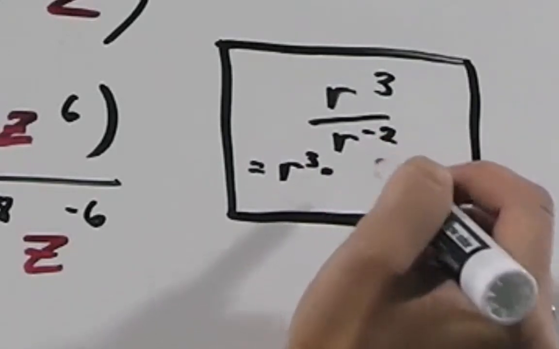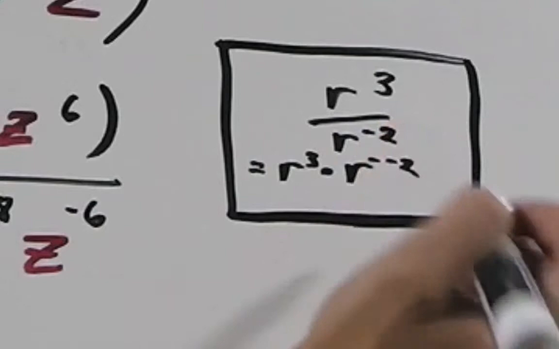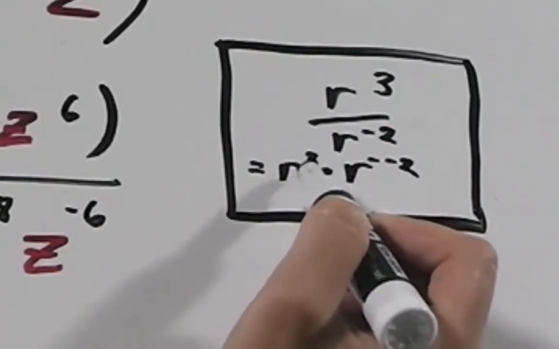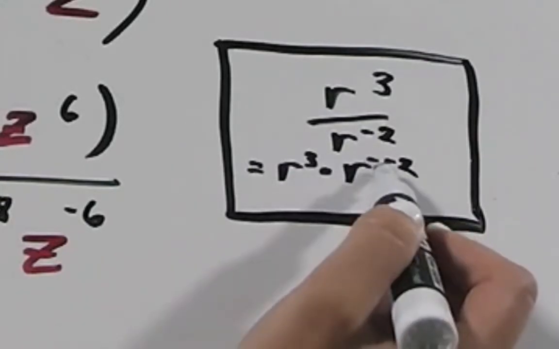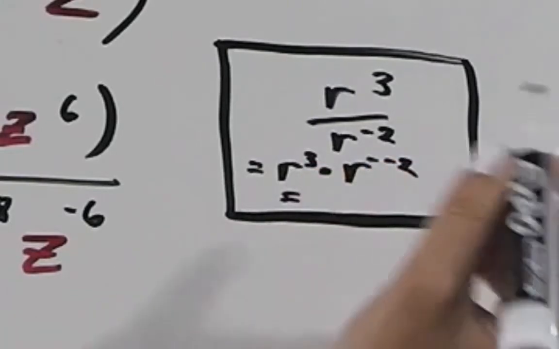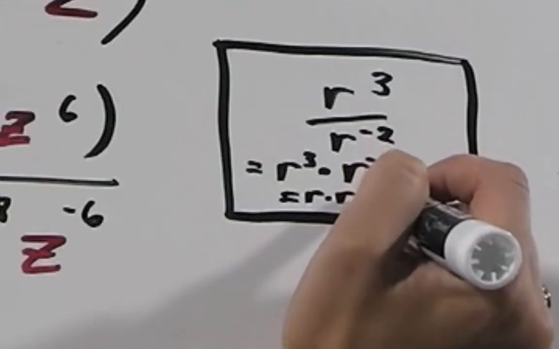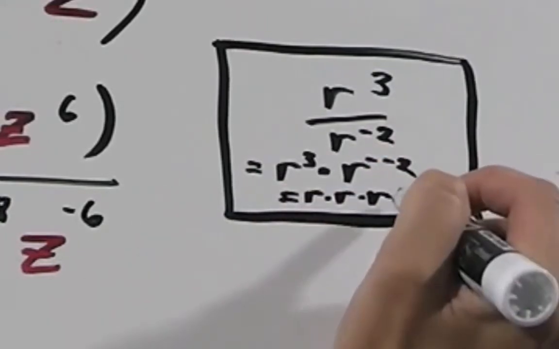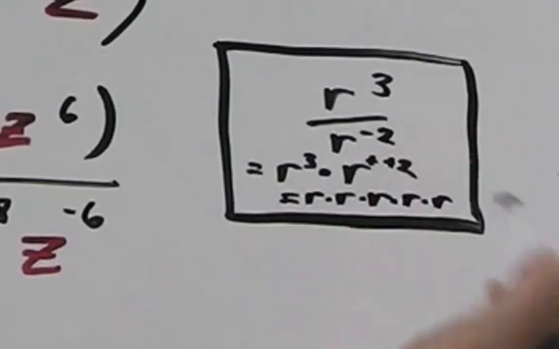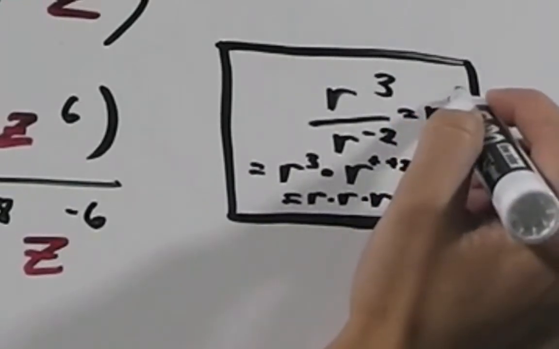It's the same as saying times r to the -2. And what happens when you have the same base with 2 different exponents and they're multiplied together? You just add the exponents, because this is the same thing as saying r times r times r, that's r cubed, times r, that's r squared. These two cancel and become positive. So this all equals r to the 5th.